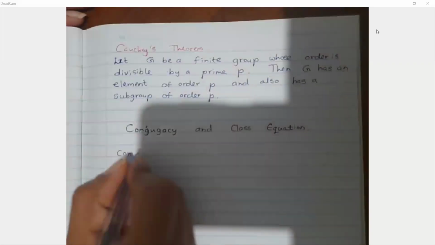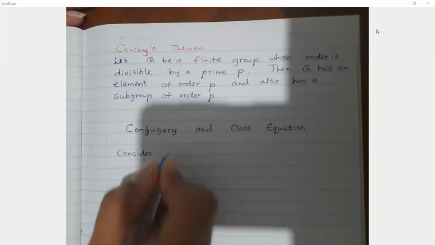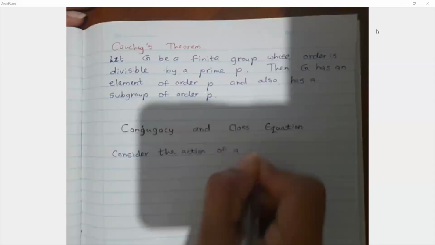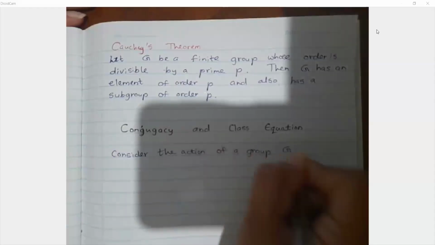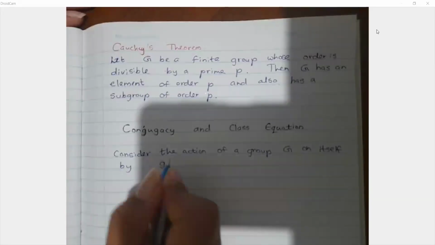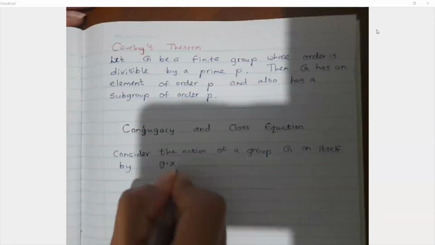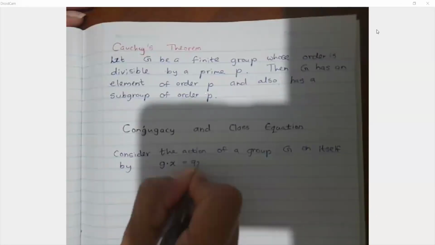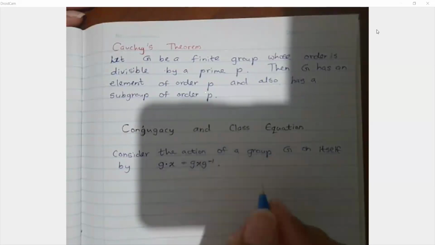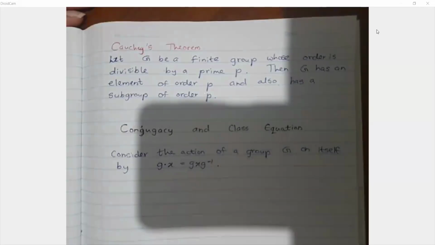Consider the action of a group G on itself by conjugation, and the action is defined as g dot x equals g x g inverse, right? We say that G acts on itself by conjugation.